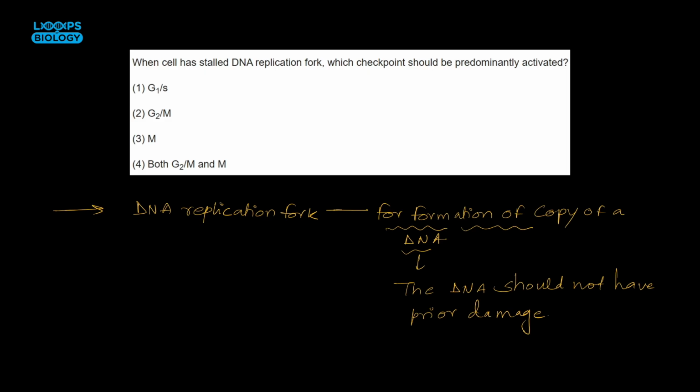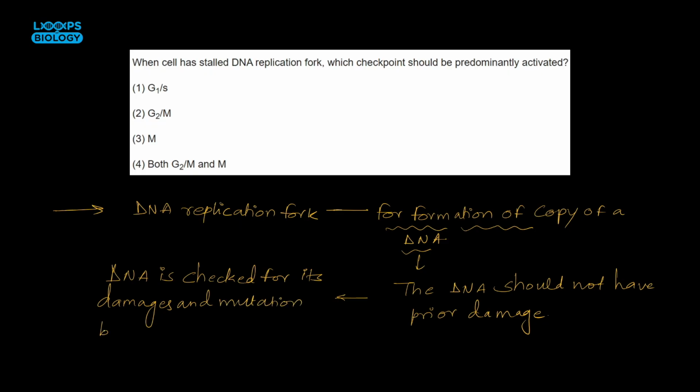Otherwise, the duplicated DNA will have the same damage continuing, and those will be transmitted in the next cells. Alright, getting my point? So in this particular case, the DNA is checked for its damages and mutation before entering S phase.